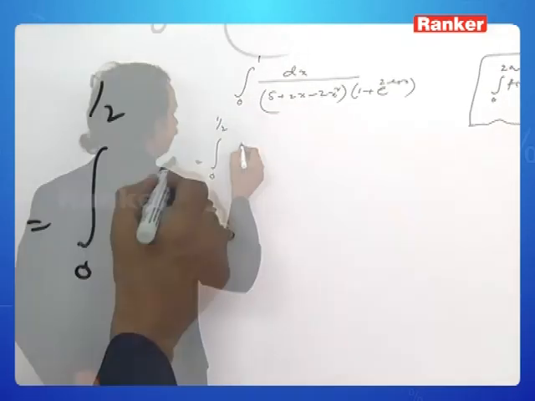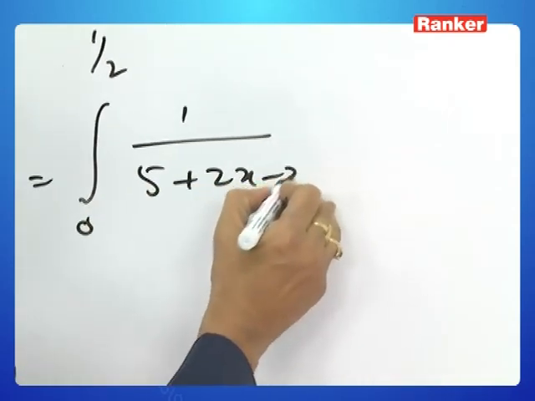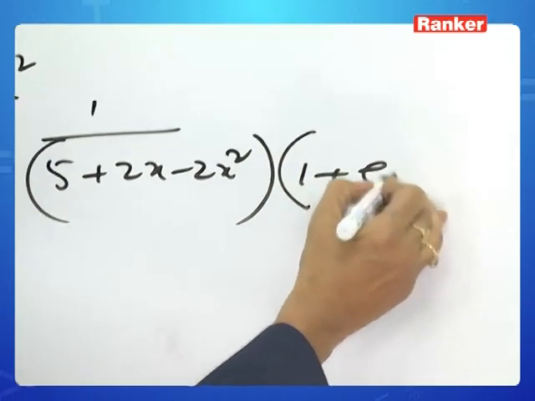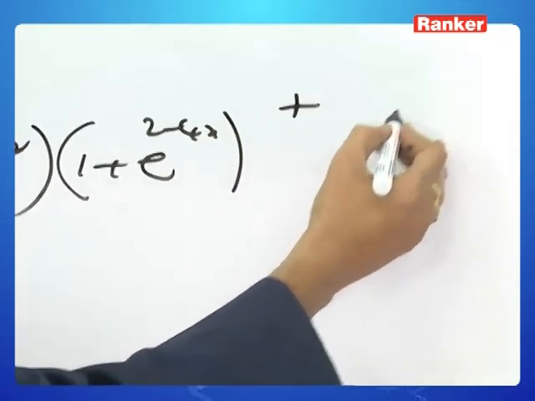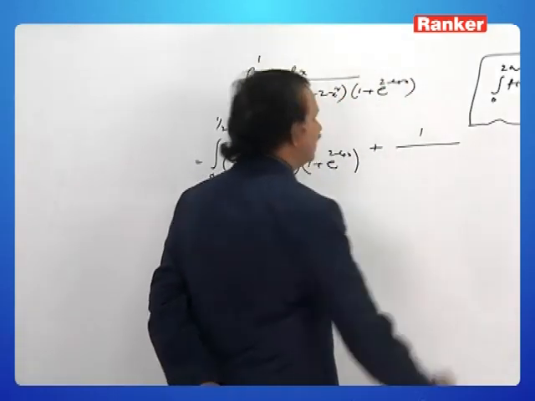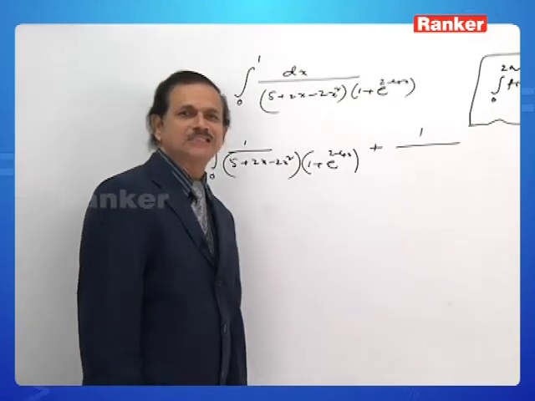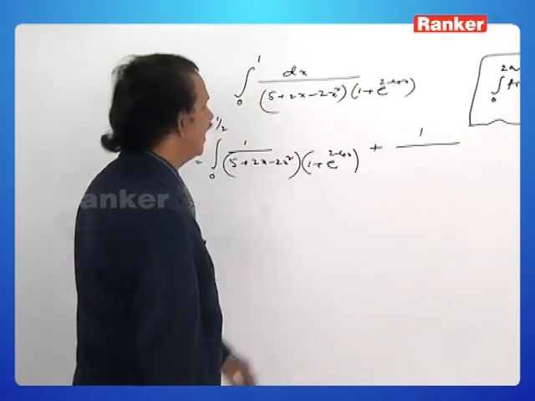F of x means 1 by 5 plus 2x minus 2x square into 1 plus e power 2 minus 4x, plus 1 by, now we are to have f of 2a minus x, isn't it? What is f of 2a minus x? 2a is 1.